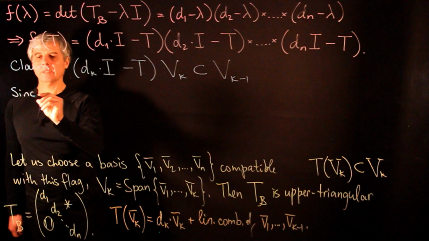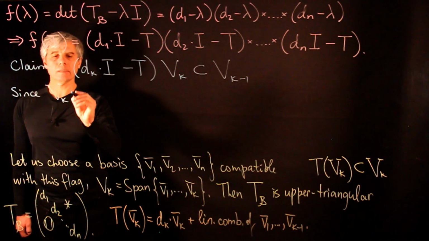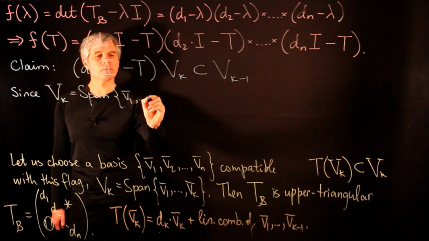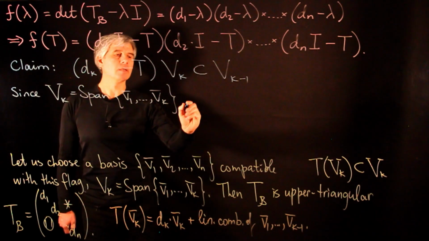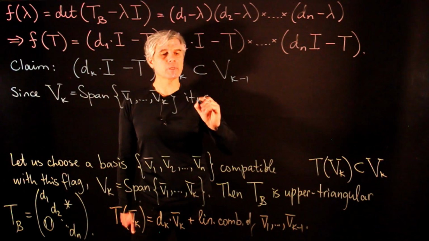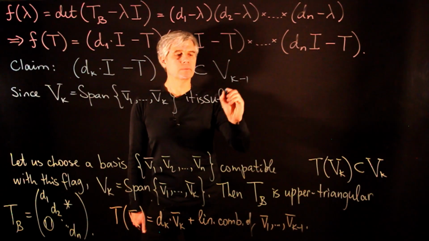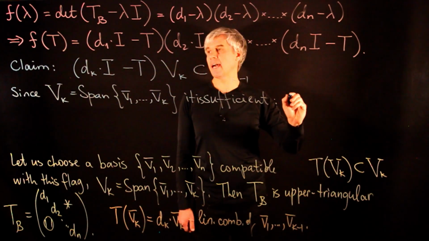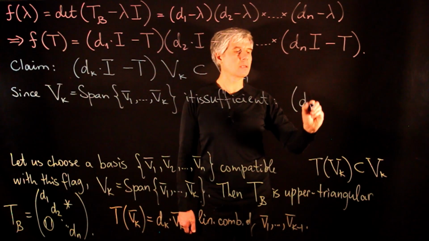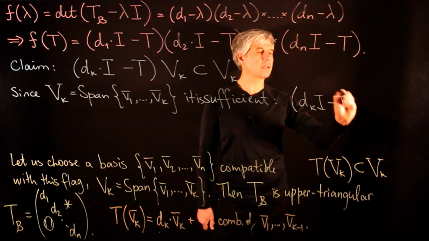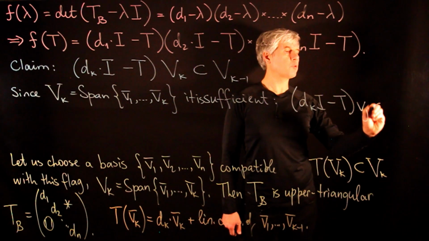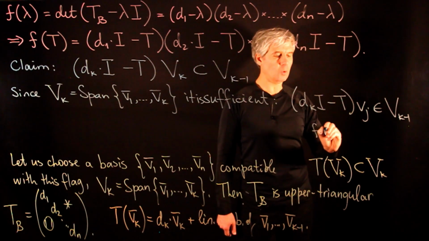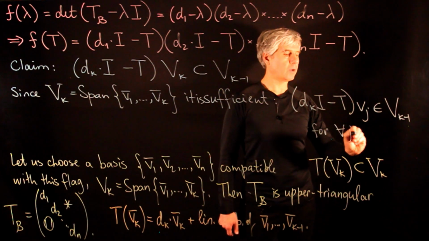Since the space Vk is the span of the first k basis vectors, it is sufficient to show that dk times identity minus T acting on vj brings us to V(k-1) for all j from 1 to k.